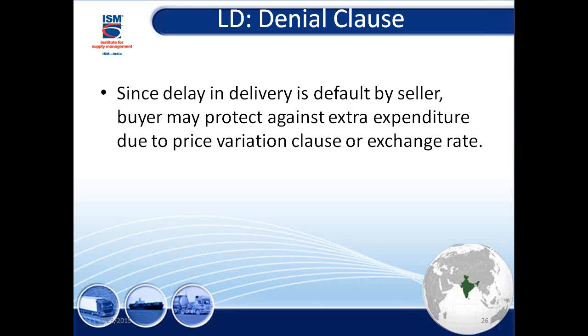The guy was supposed to give you things by 31st of March, doesn't deliver by 31st March, gives you by end of April, but during that time the budget has come, the prices have shot up. The supplier can't charge you for that. You're denying that. Say, guys, you have to pay the liquidated damages charges, but don't ask me to pay for your price escalation because of the budget or because of this. So there is a denial on that part.